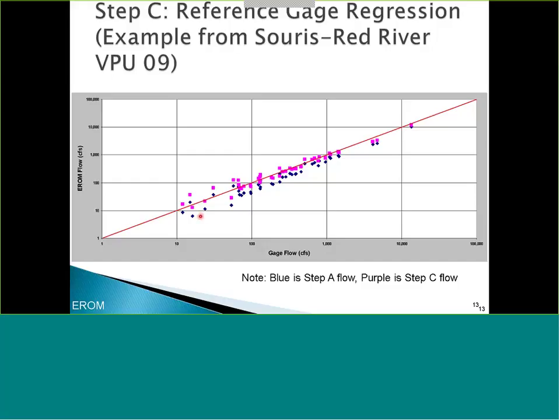This is from our QA work and the QA data that is collected for EROM. The blue lines are from the Step A runoff, and the purple squares are after doing the reference gauge regression. The red line is a line of perfect agreement between the gauge flow on the x-axis and the EROM flow on the y-axis.